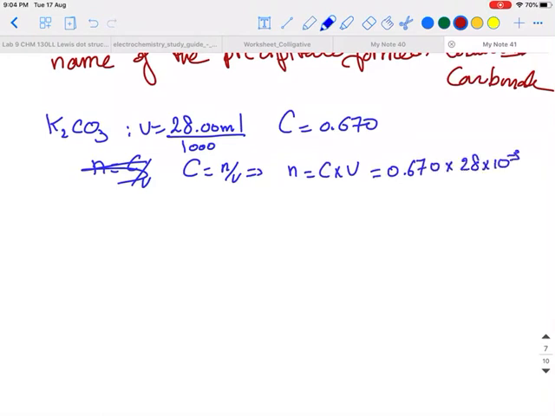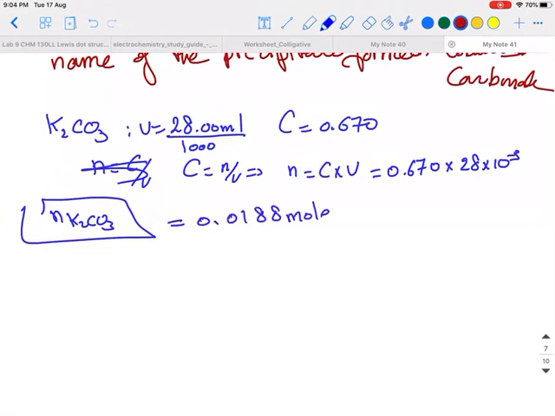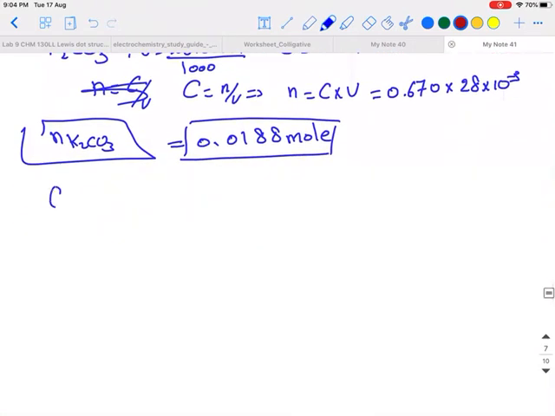So 0.670 times 28 times 10 negative 3. And the number of moles of potassium carbonate I find is equal to 0.0188 moles. Okay, so we found it.